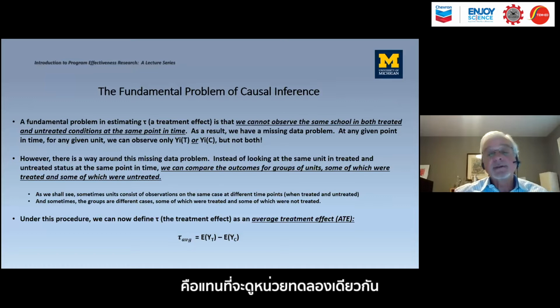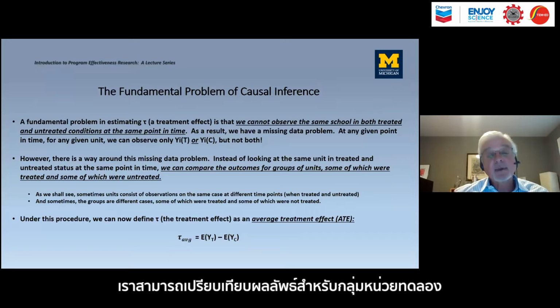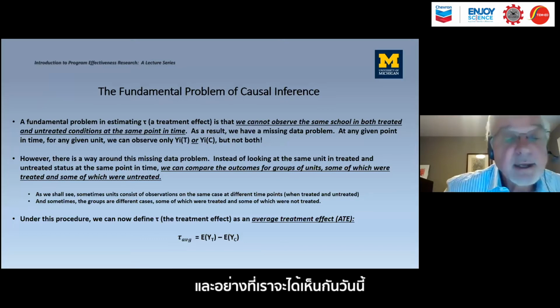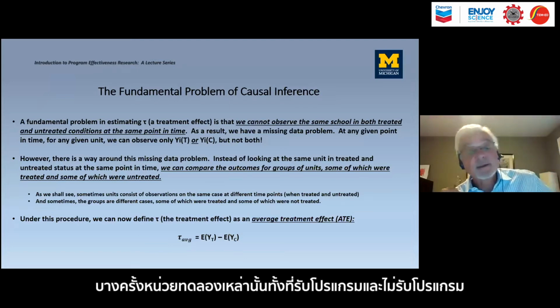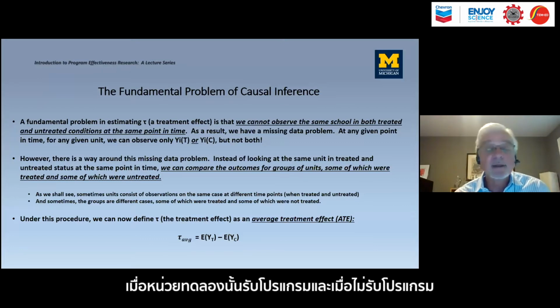Instead of looking at the same unit in treated and untreated status at the same point in time, we can compare the outcomes for groups of units, some of which were treated and some of which were untreated. And as we're going to see today, sometimes those units treated and untreated are observations of the same case at different points in time, when the unit is treated and when it is untreated.